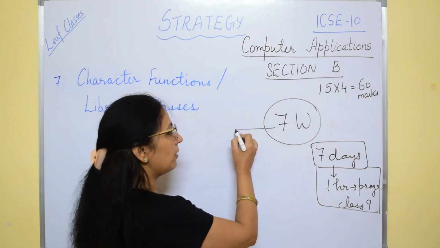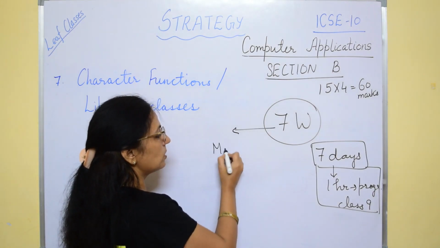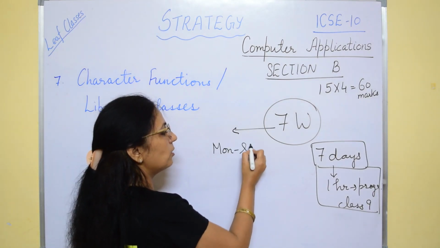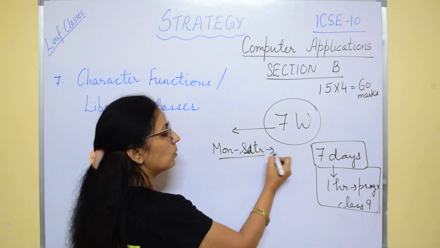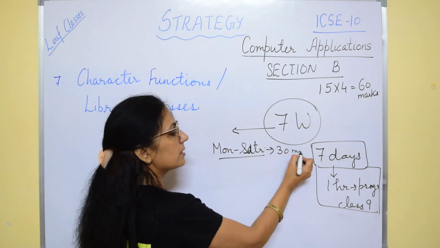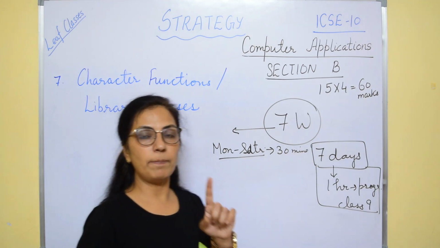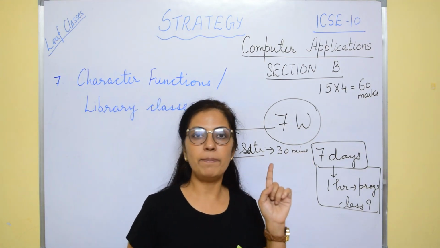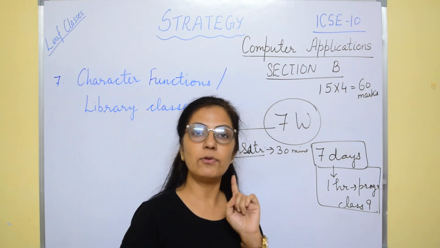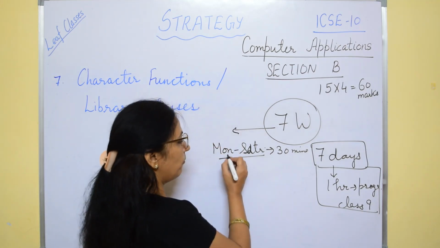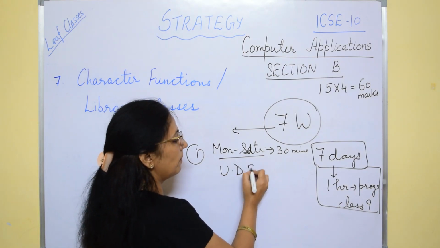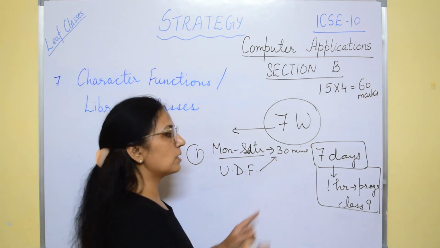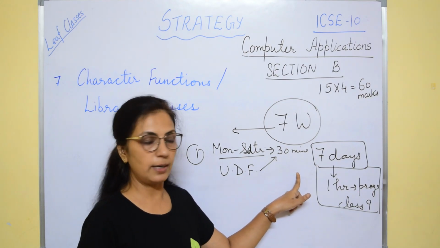Now 7 weeks, Monday to Saturday. Every day you will do 30 minutes for each topic. That means the first topic, which we have taken as user defined function: in the first week you will do user defined function programming practice each day for 30 minutes only.